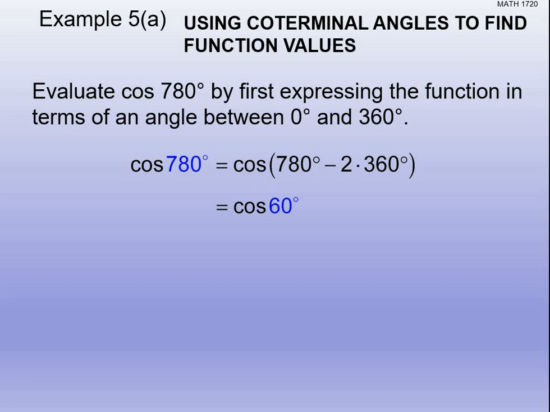What's adjacent to that 60 should be a 1, and the hypotenuse of that triangle should be a 2. So we want to find cosine of 60, which is adjacent over hypotenuse. So we should get 1/2, and it should be positive because we're in the first quadrant and all students take calculus. That one's fairly straightforward, I think.